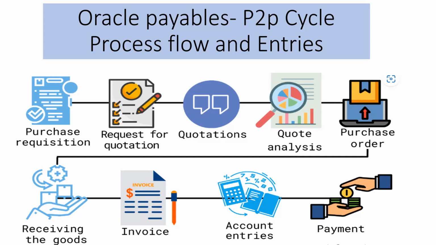Purchase requisition. Requisitions we can classify into 2 types: one is internal and the other is external. Internal can be used by the organization's employees who are going to raise any kind of requisition.